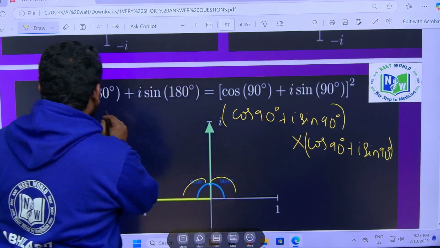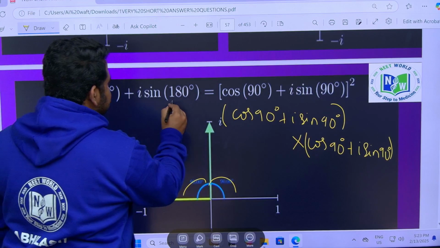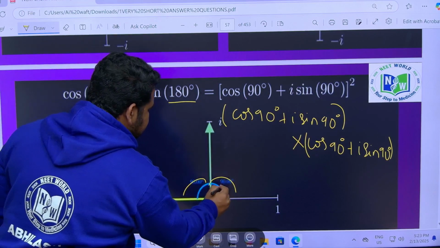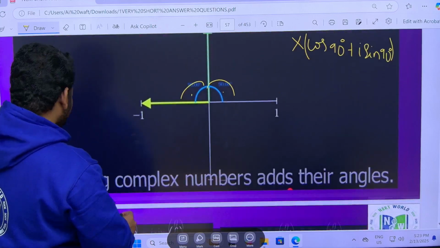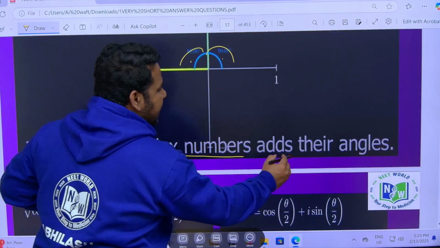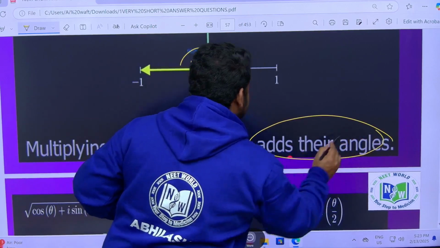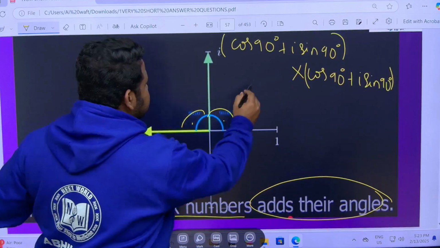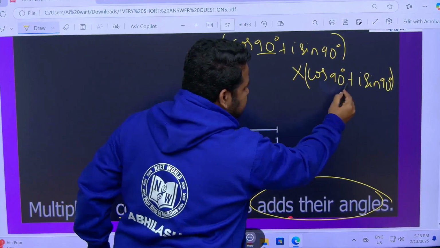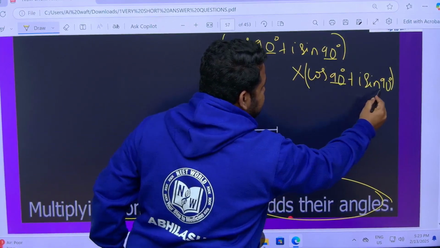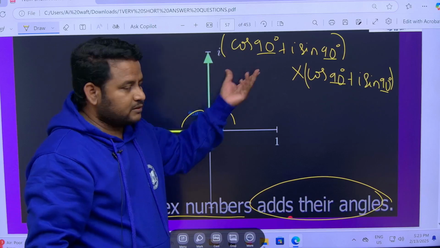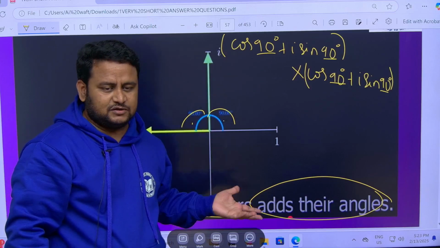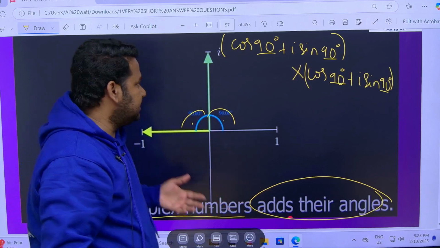That will be equal to cos 180 degrees plus i sin 180 degrees, because 90 plus 90 is 180. That is why we said that multiplying the complex numbers adds their angles. The angle in cos is 90 degrees and 90 degrees, and the angle in sin is 90 degrees and 90 degrees, so it becomes an addition. The multiplication of complex numbers adds their angles. That is what has happened here.